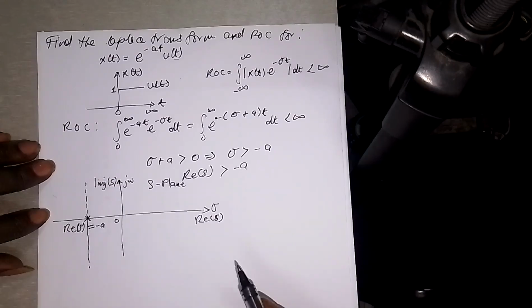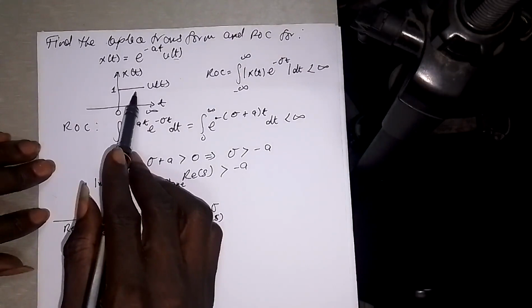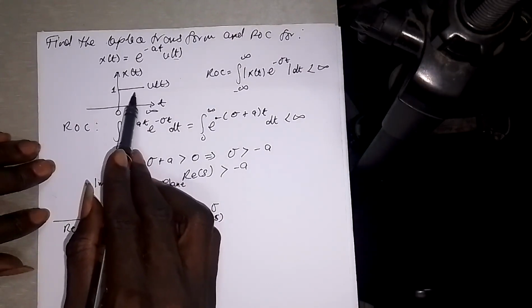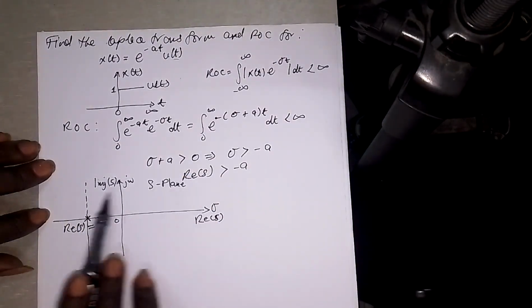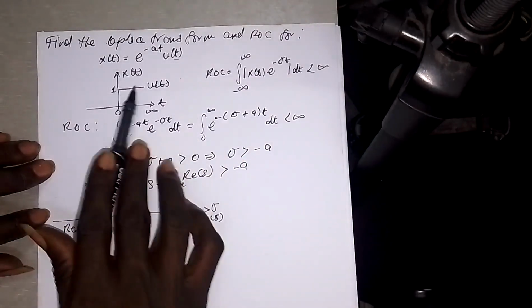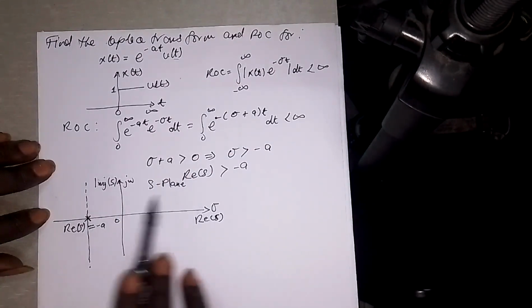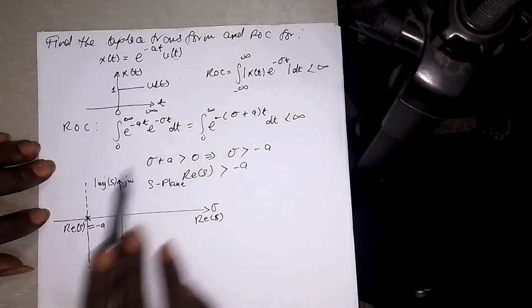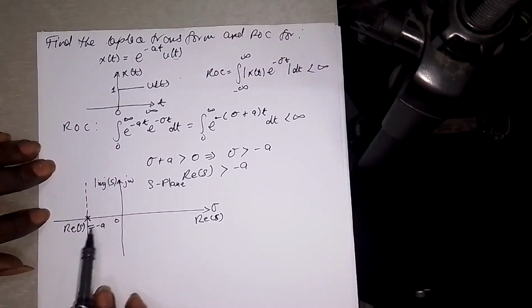Okay, where is my graph supposed to go? My graph is supposed to go this way, because my u of t is greater than 0. It is this place which is actually facing the direction of my graph. Here my real of s is minus a.